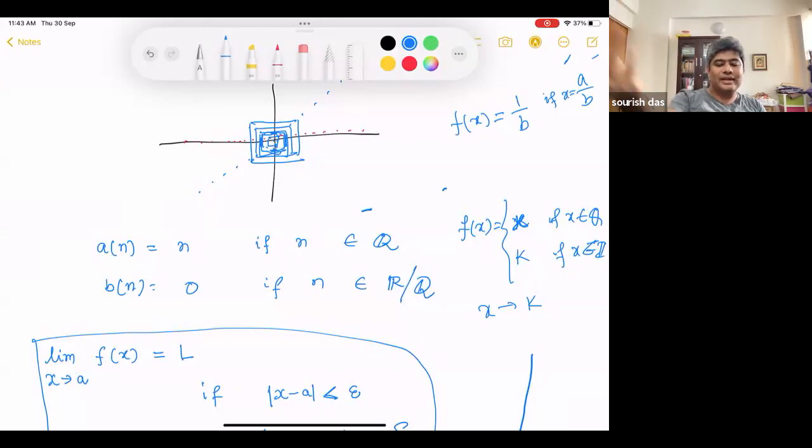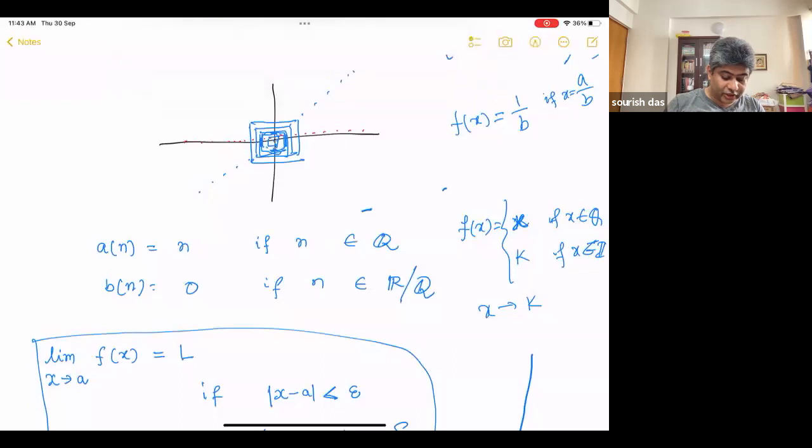Yeah, you are just generalizing the function basically. That's perfectly fine.